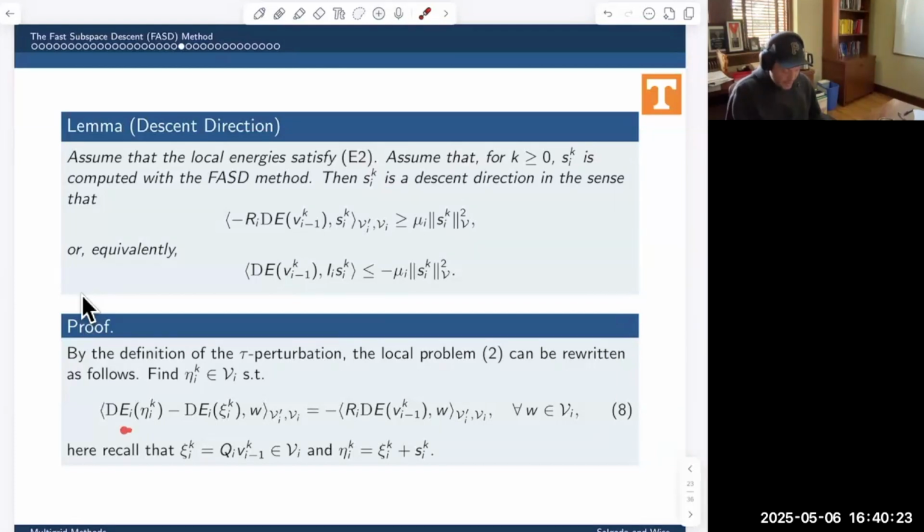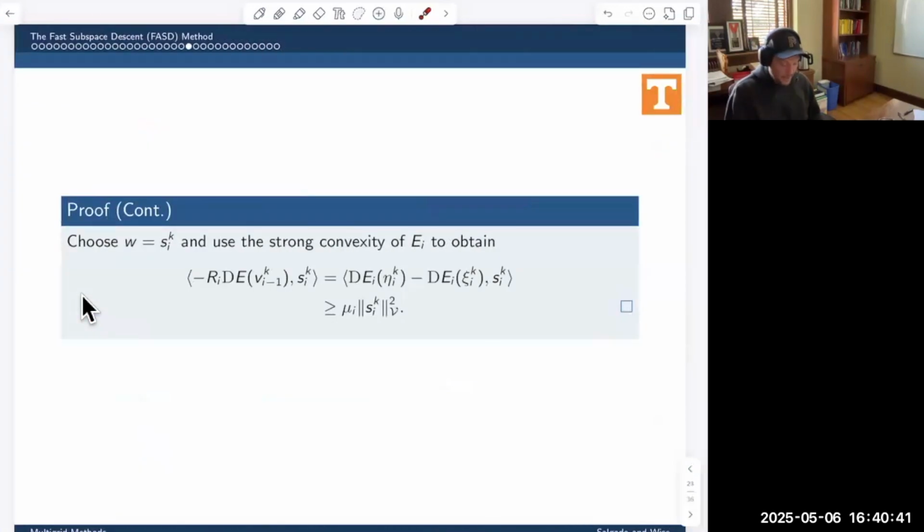All right, so start with this, and what do we notice? Well, this term here looks like the type of term that would appear in a description of strong convexity. So that's where we're going to apply it.